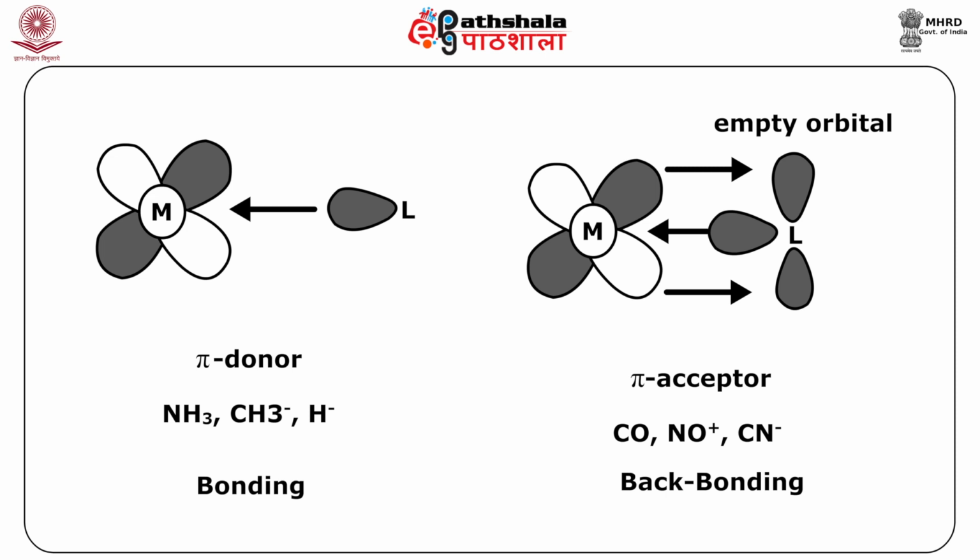This happens because sigma donation leads to increased electron density on the metal, which allows increased pi back donation. Conversely, pi back donation reduces the amount of electron density on the metal, which allows more sigma donation from the ligand to the metal.